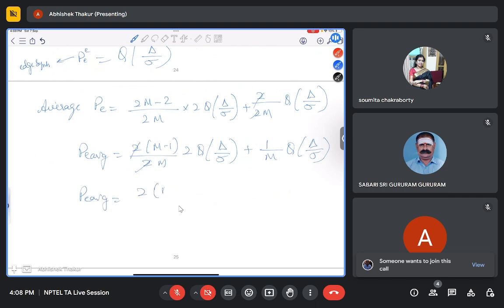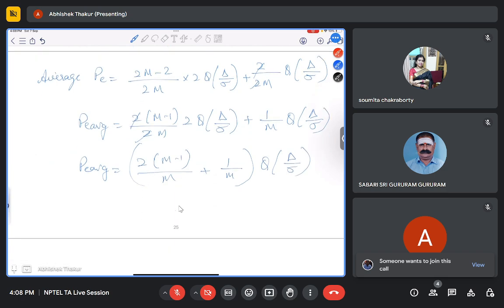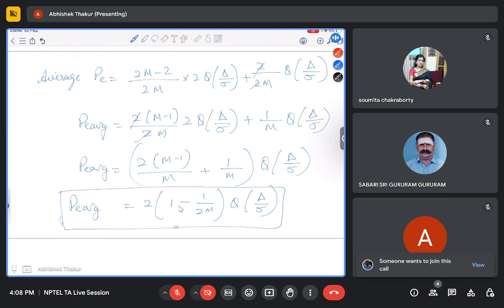So this will become 2 times (m minus 1 by m plus 1 by 2m) Q of delta by sigma. So this can be written as 2 times (1 minus 1 by 2m) Q of delta by sigma. So this is the probability of error for the M-array PAM signal.